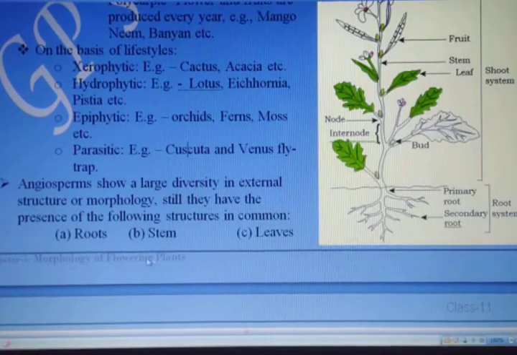But still, some of the structures or parts of the plant, you can call them organs of the plant, are common in most of the plants here. If you see this sentence, angiosperms have a large diversity in external structure and morphology, still they have the presence of following structure in common.